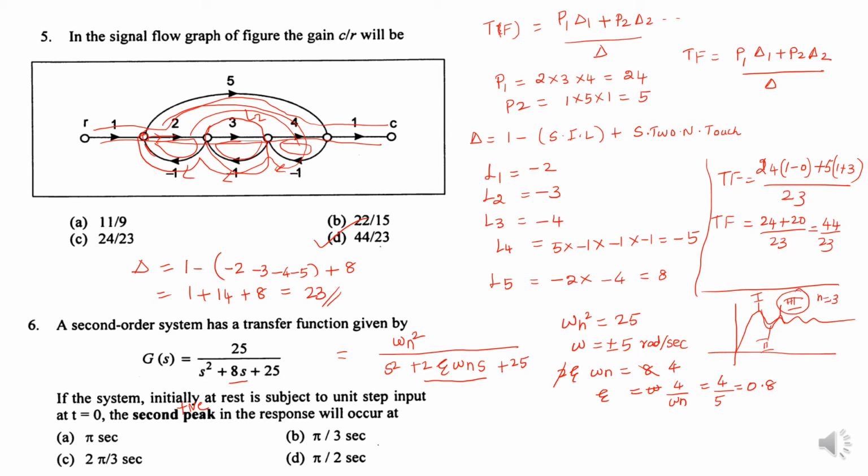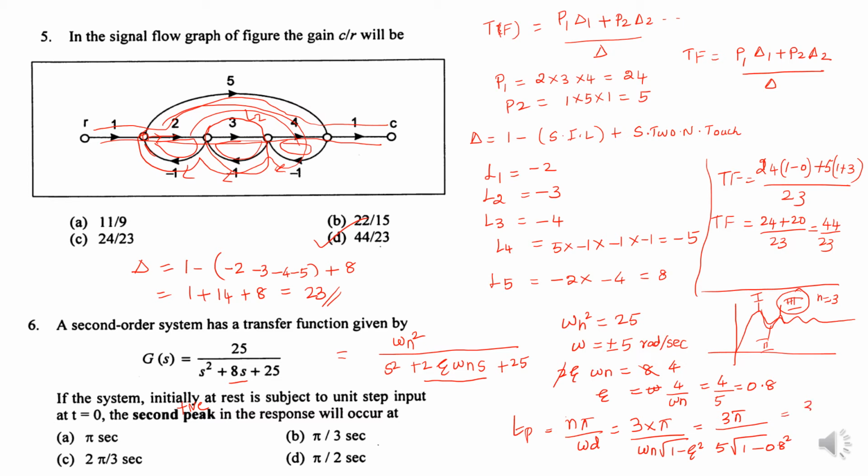So now I am going to find out the peak time. Tp equals n pi divided by omega d. What is n here? N is for the second positive peak, 3 into pi. What is omega d? Omega n square root of 1 minus zeta square. So 3 pi divided by omega n is 5, 1 minus zeta, 0.8 square.